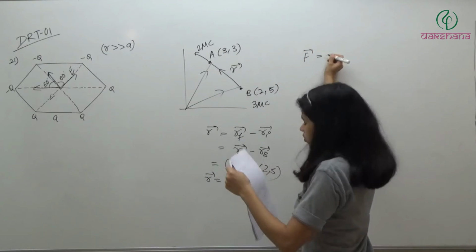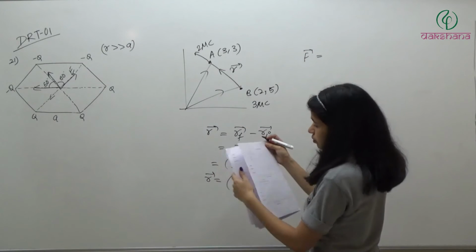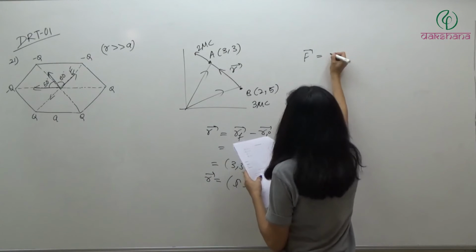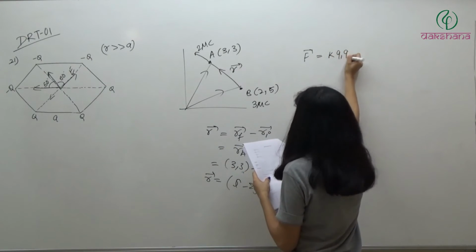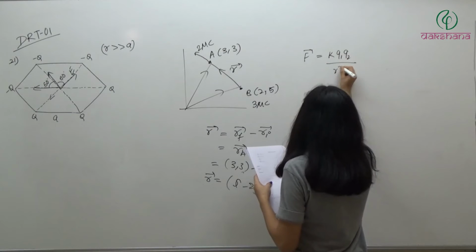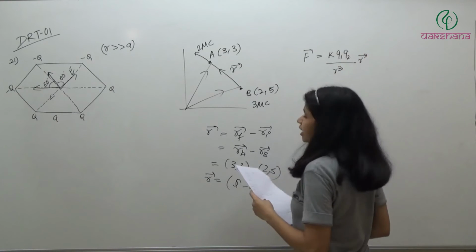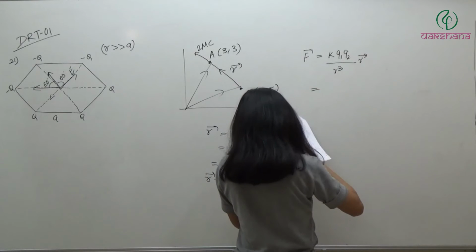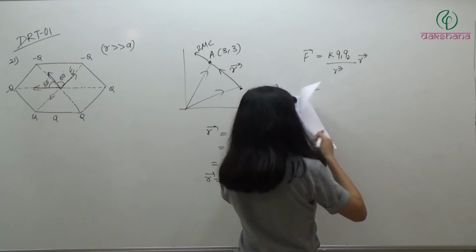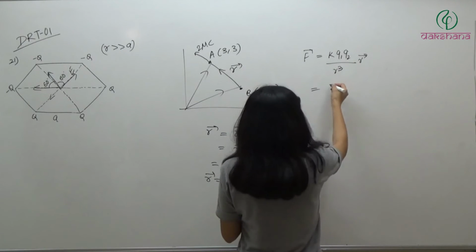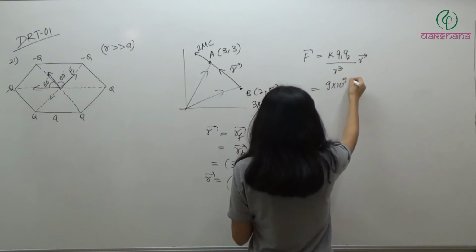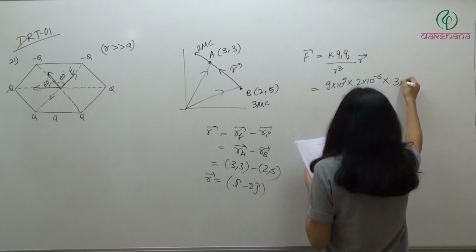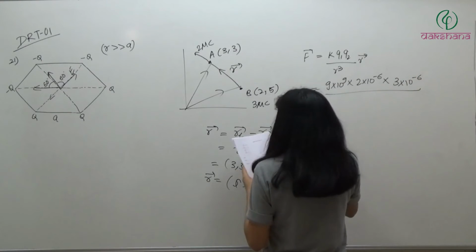Now force is equal to how much? Force is equal to k q1 q2 by r cube into r वेक्टर. यही होता है. ठीक है, तो हमारे पास आ गया 9 into 10 to the power 9 into 2 into 10 to the power minus 6 into 3 into 10 to the power minus 6 divided by r cube.